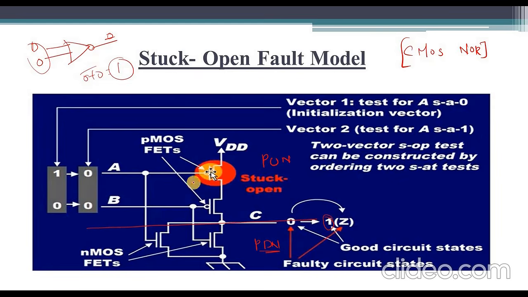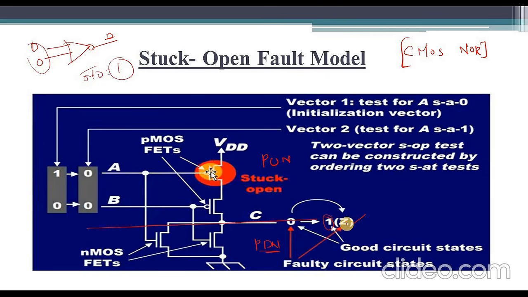But if this PMOS transistor is in the stuck open state, we get another output, that is Z. It is indeterminate. It is different from 0 or 1, completely different. That means here 0 and 1 are the good circuit states, whereas Z is a faulty circuit state.